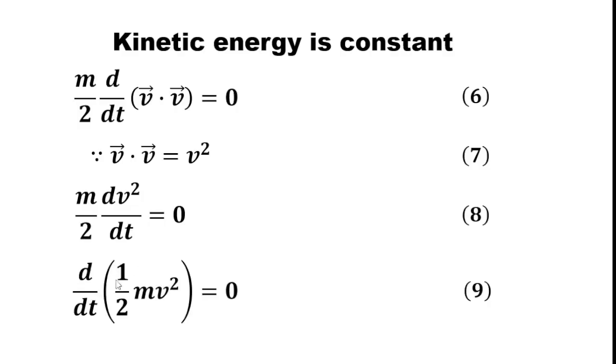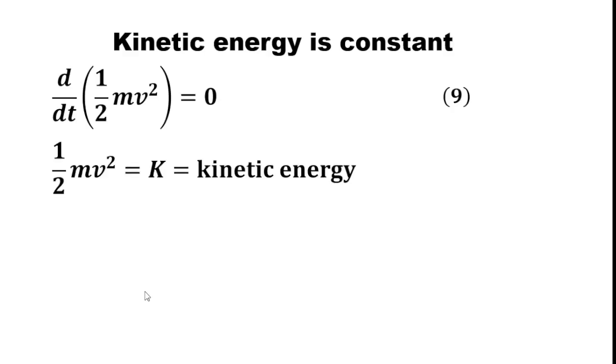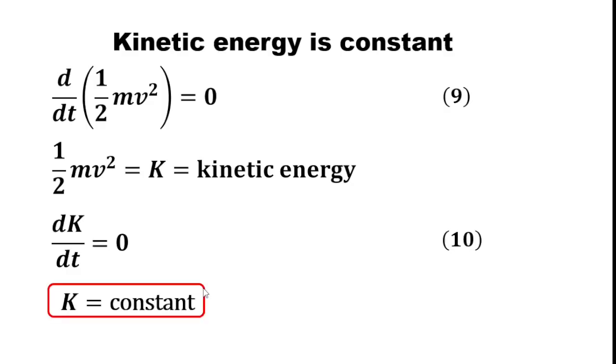And what is this term, half m v squared? It is the kinetic energy of the particle, and we are denoting it with the letter K. It means that the time derivative of K is equal to 0. On integrating equation 10 over time, we obtain K is equal to constant. That is, the kinetic energy of the moving particle remains unchanged.